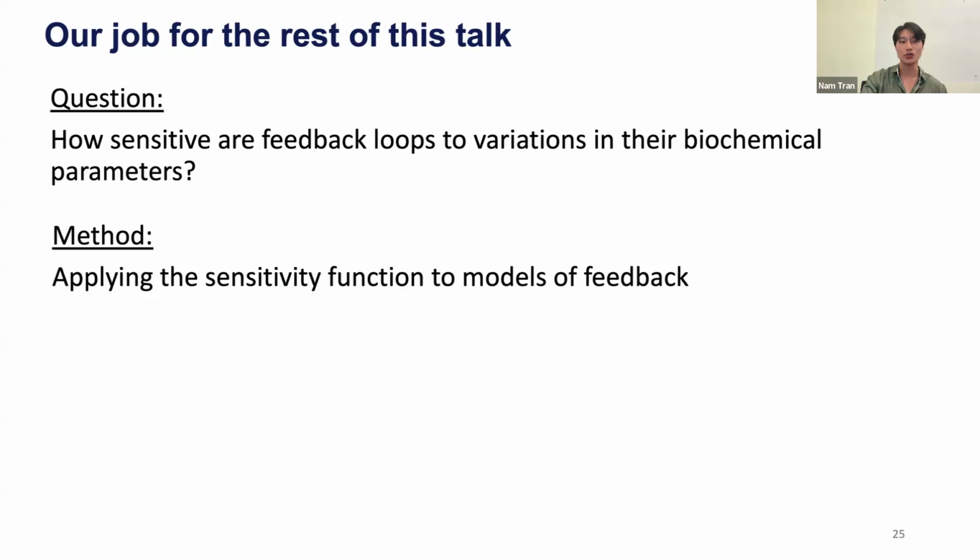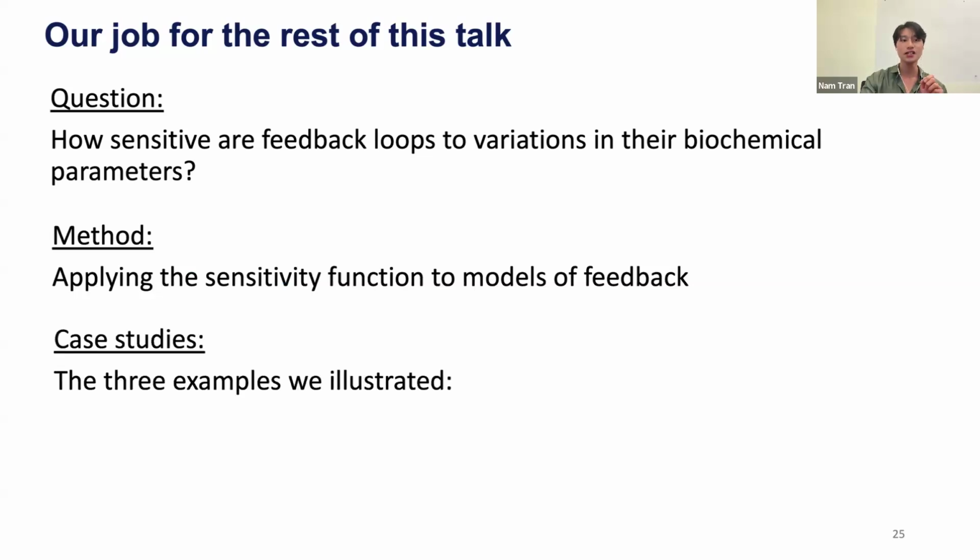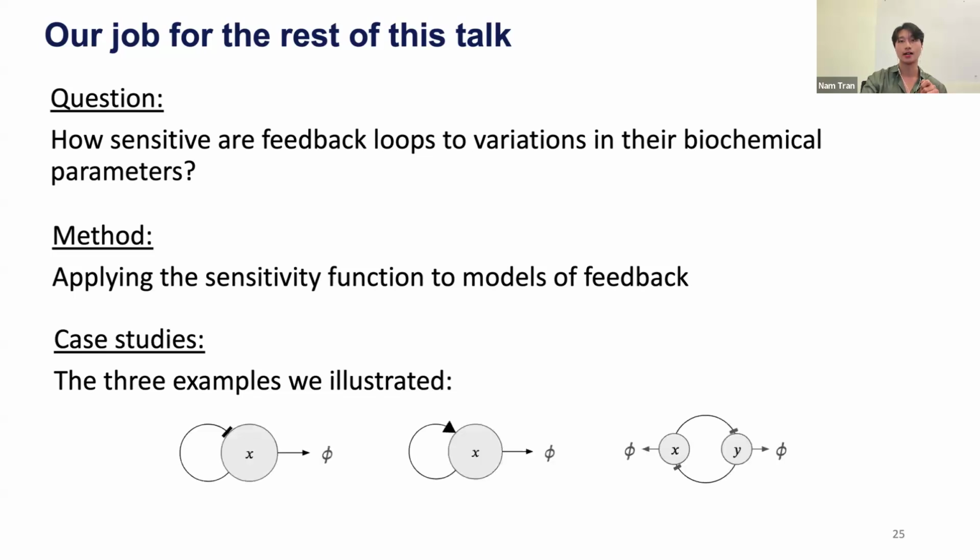And the method we're going to use is this sensitivity function we've just established. Again, just to recap, the three case studies are the negative and positive autoregulations and the toggle switch. I've chosen them because they have 1, 2, and 3 steady states respectively. So we're going to go from a really easy case to a more hands-on case.